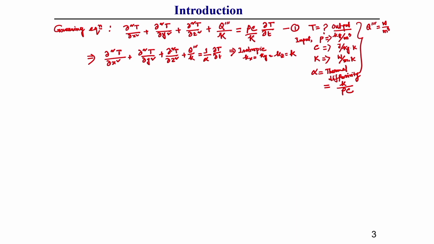They are inversely proportional. Here, the left side is temperature, and the right side has material properties such as specific heat. Everything is given here, and I will discuss each in detail in subsequent slides.